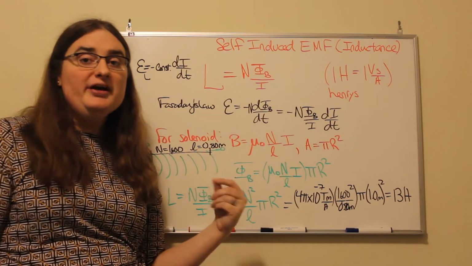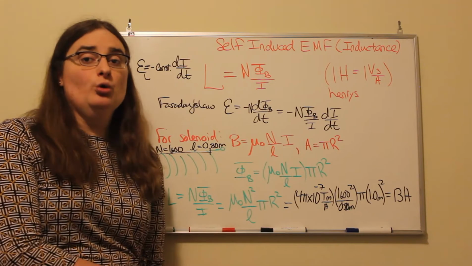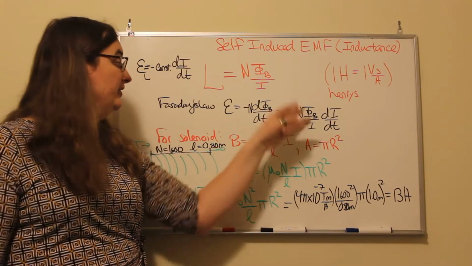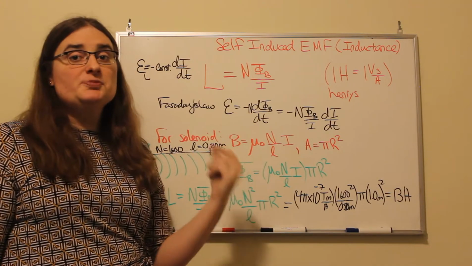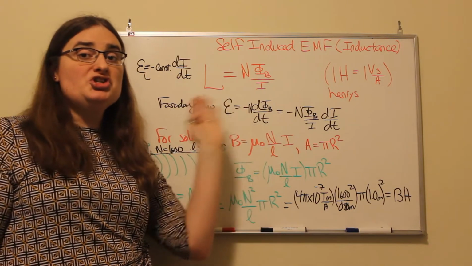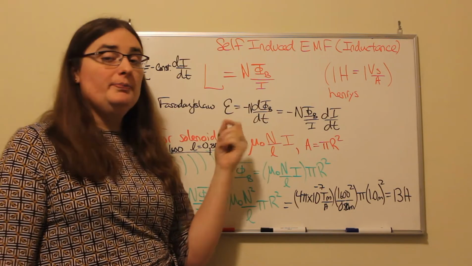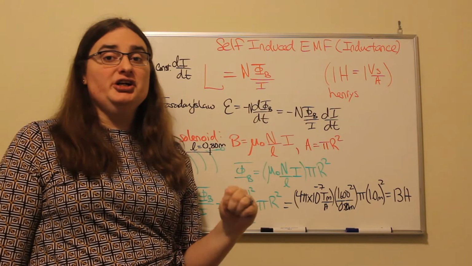So for a situation where we have a uniform magnetic field, like a toroid or a solenoid, then that magnetic flux would just be directly proportional to the current. So the changing magnetic flux would be some physical parameters times our changing current.